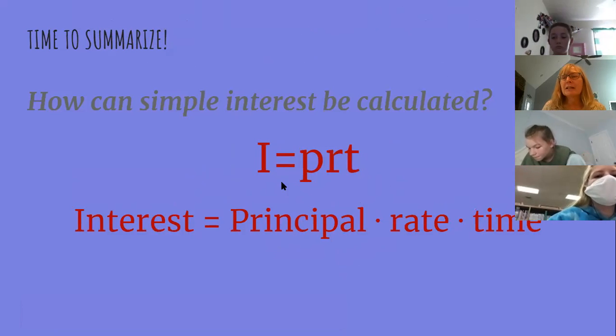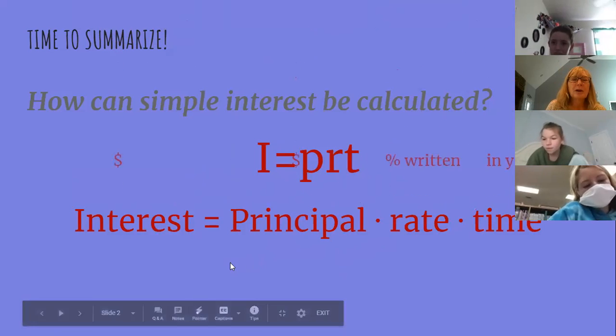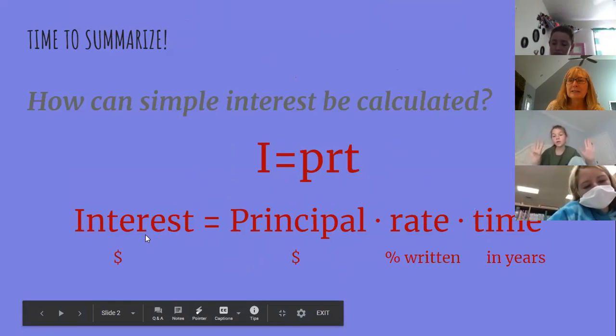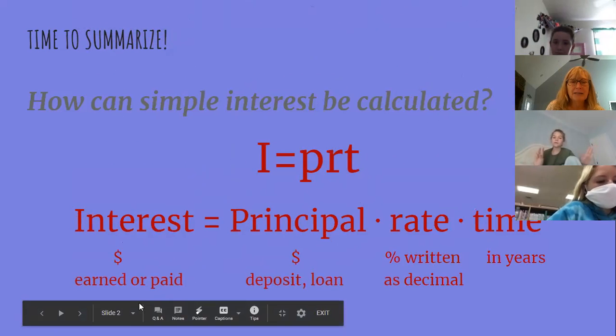So the formula that I want you to use is I equals PRT, where I is interest, and interest is money, and it can either be earned or paid. P is for principal, not the principal like Miss Casey, but principal as in money, and it can either be a deposit or an investment.